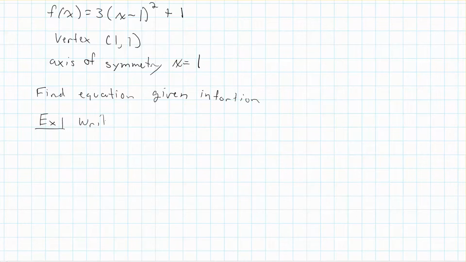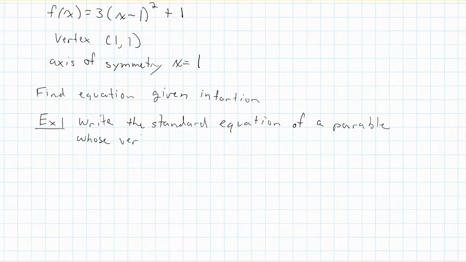Write the standard equation of a parabola whose vertex is negative 4, 11, and passes through the point negative 6, 15.